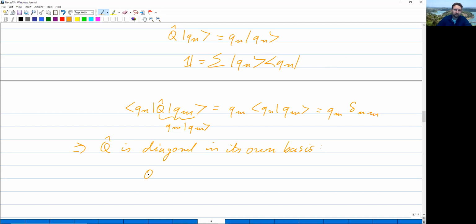Because we have that Q hat nm is equal to this matrix, Q1, Q2, etc., and the rest is 0.